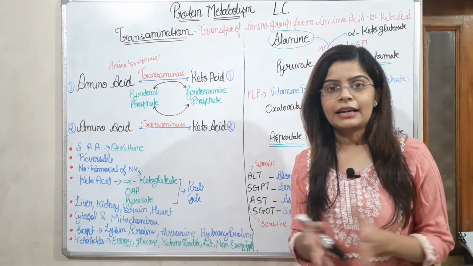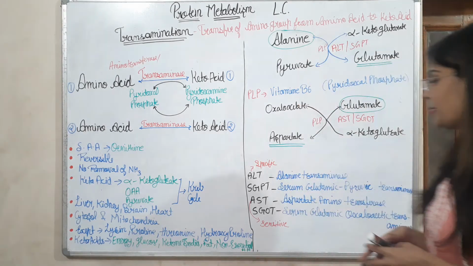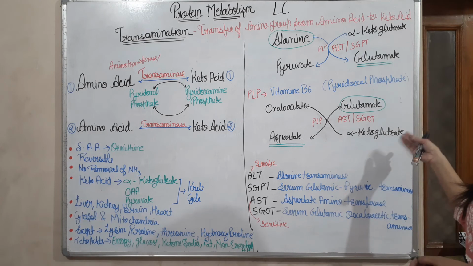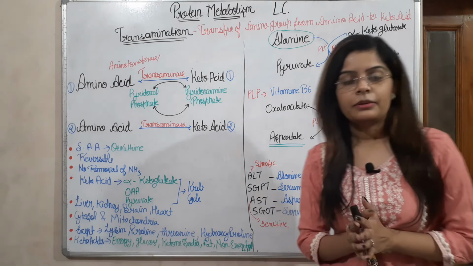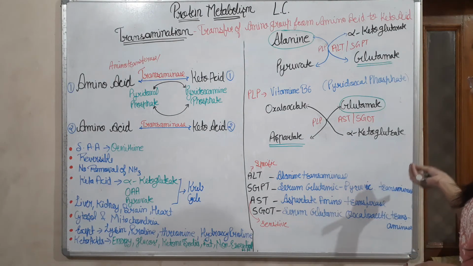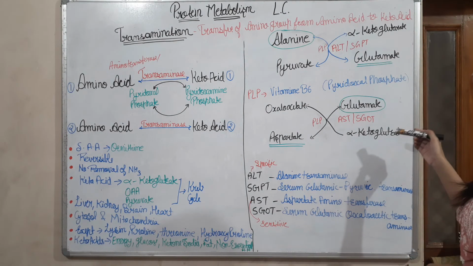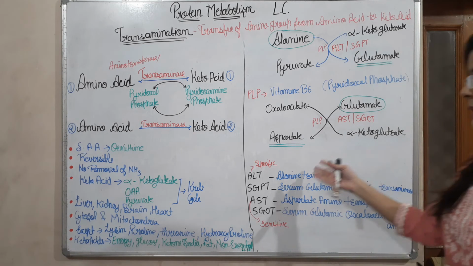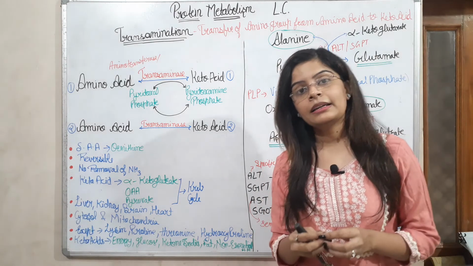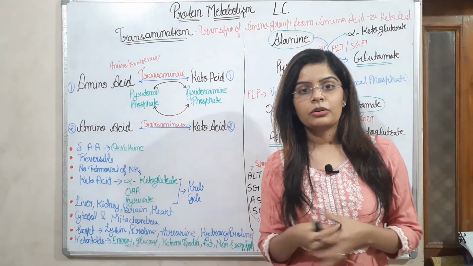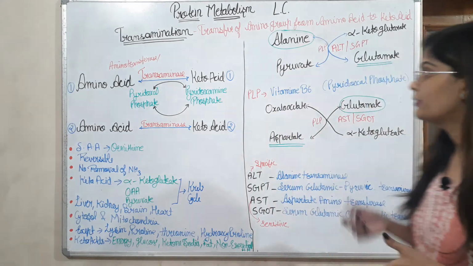So it easily increases its level, but it is not that important, because it is sensitive, it will increase its level even if there is just a little bit of disease. But SGPT is a very specific enzyme, so it will not increase its level with a very small amount of harm in our liver.